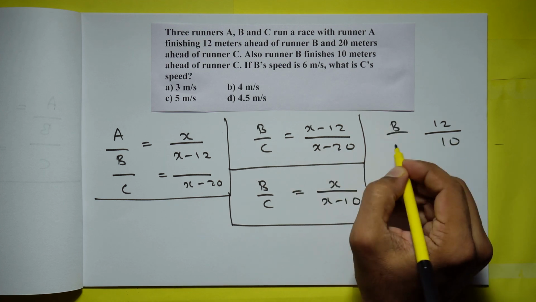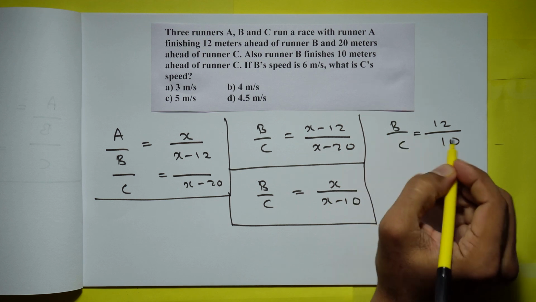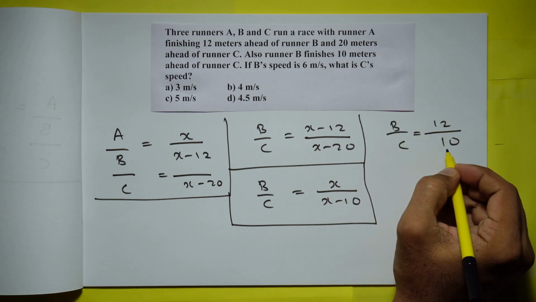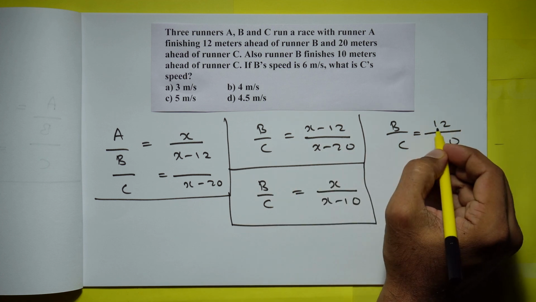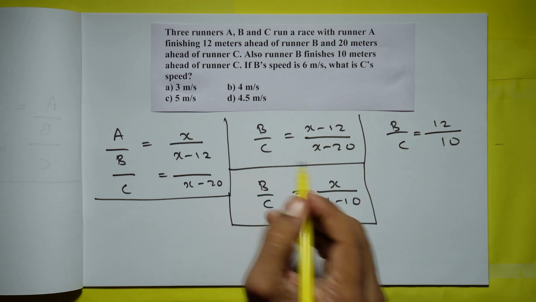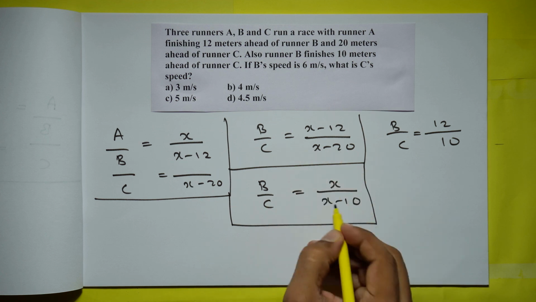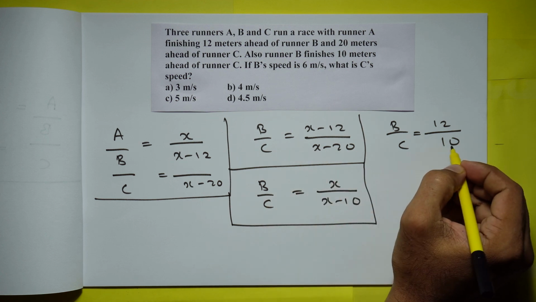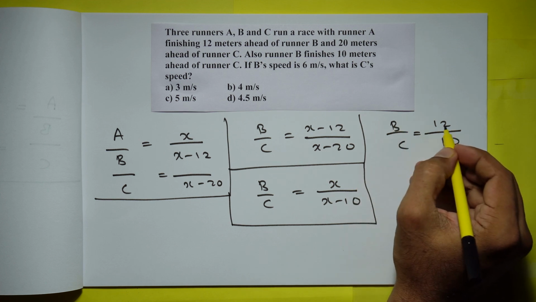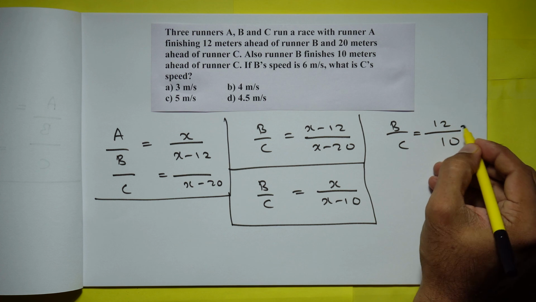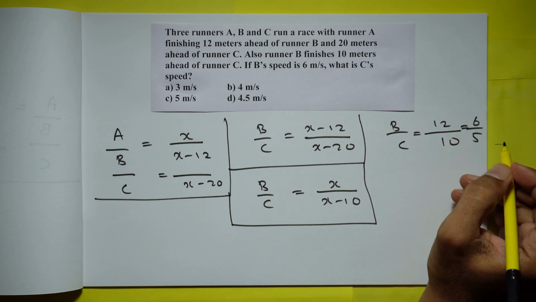So if you compare the speeds of B and C, they will be in the ratio 12 is to 10. That is also same as 6 is to 5.